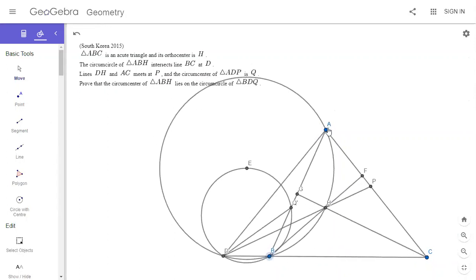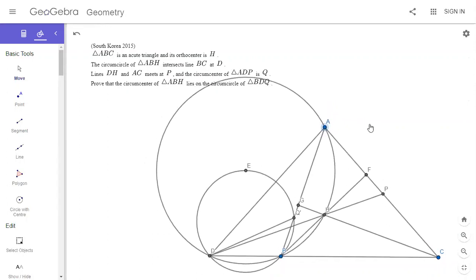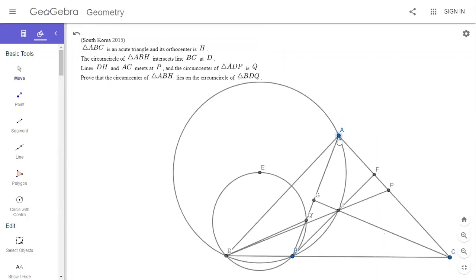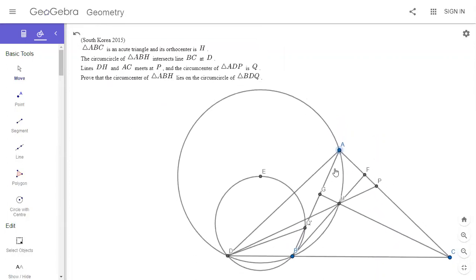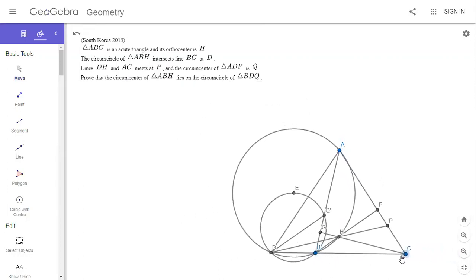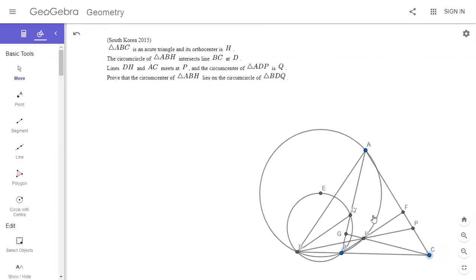Let's see, how do I make room here? It's not easy. Just want to shrink the diagram overall. Okay.